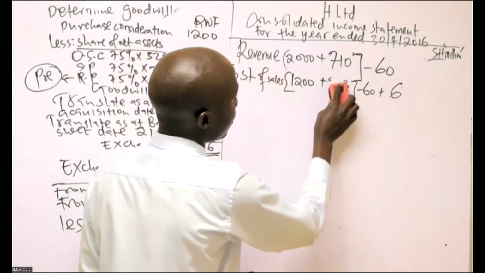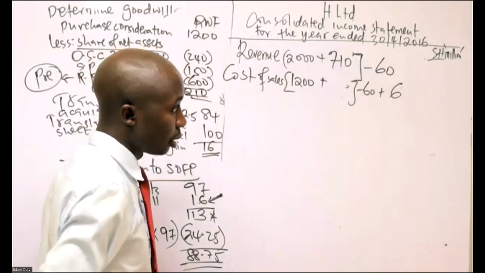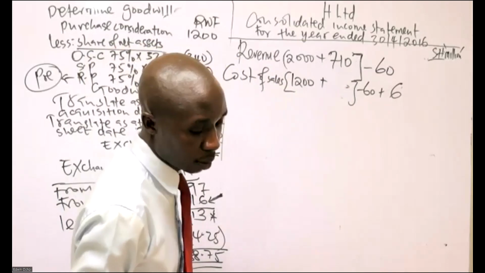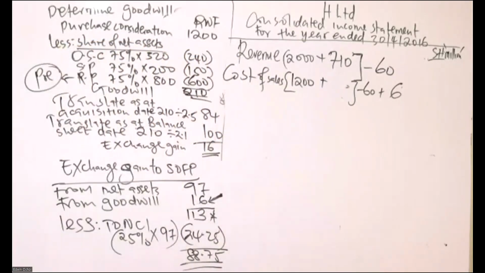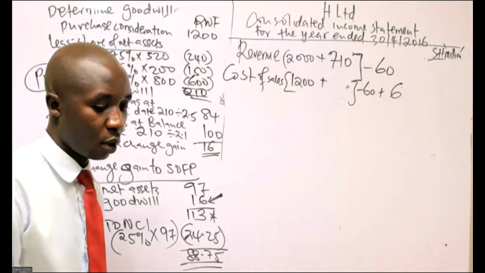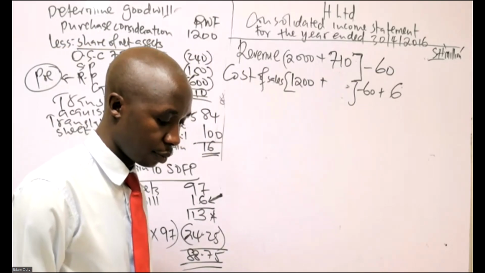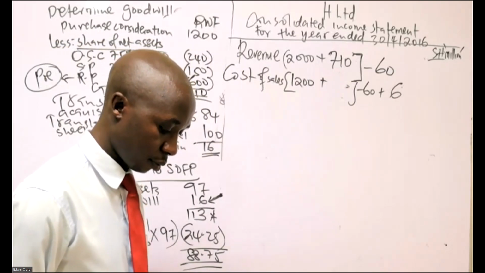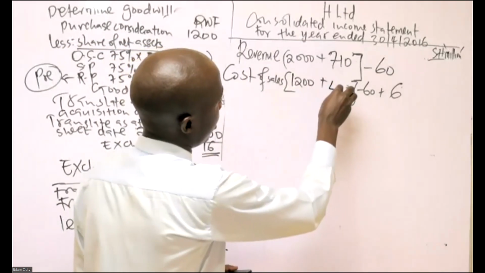Alright, so again, we don't have to do this because already we translated. So the translated cost of sales was from step 1. From step 1, they already have 480.